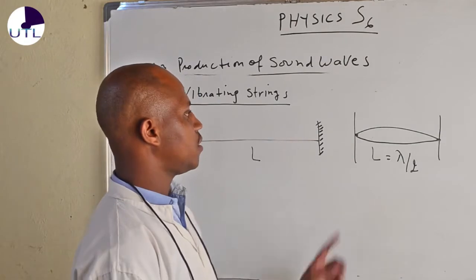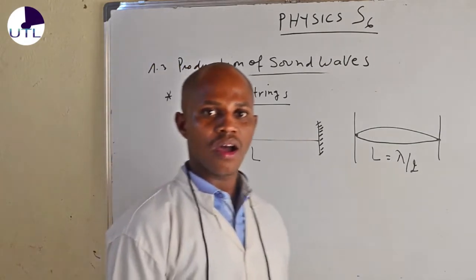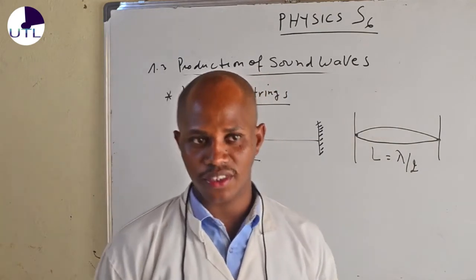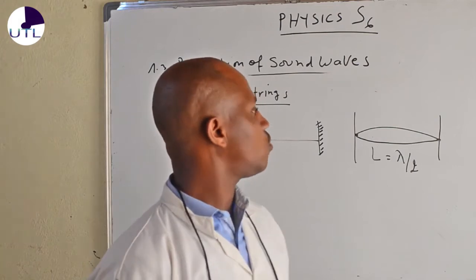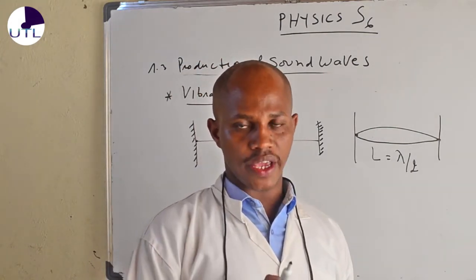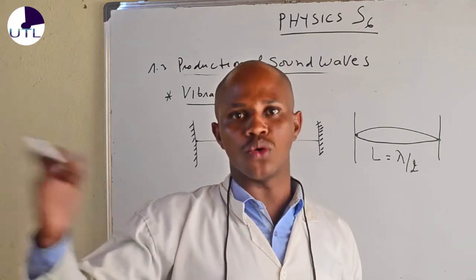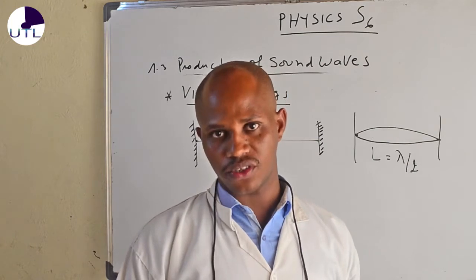Now let us find the fundamental frequency. Remember, don't be confused. When I say fundamental frequency, it is the initial frequency for each case, then other frequencies will be called harmonics or overtones.